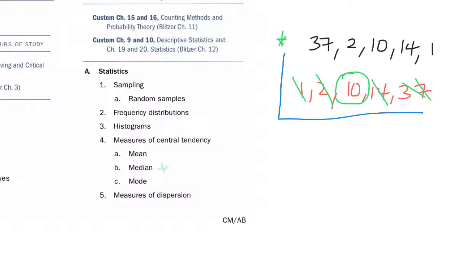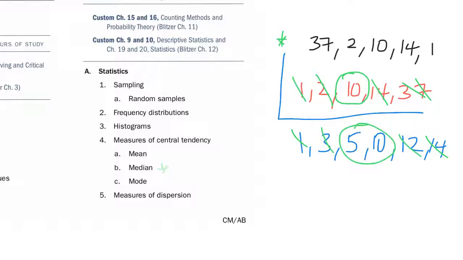And as many of you who are watching know, unfortunately, it can get a little bit more complicated when you have an even amount of numbers. So for example, if we had 3, 1, 3, 5, 10, 12, and 14, you could do that method where it's like, okay, chip away these, but now we're left with 2 in the middle.